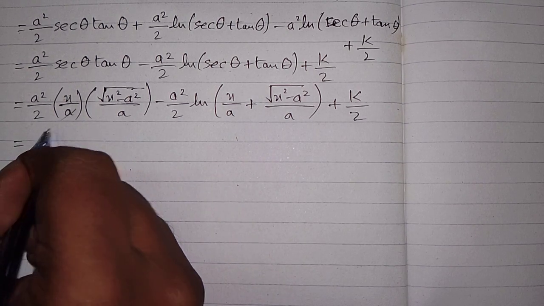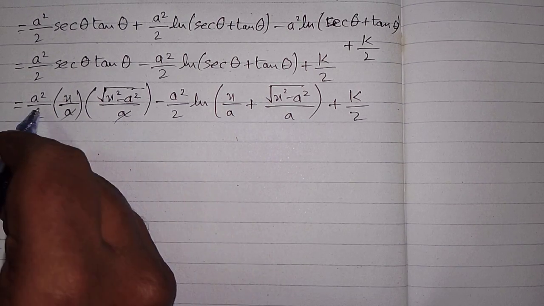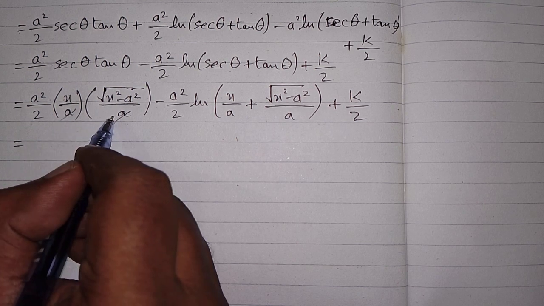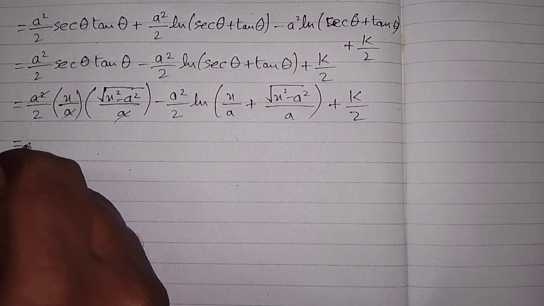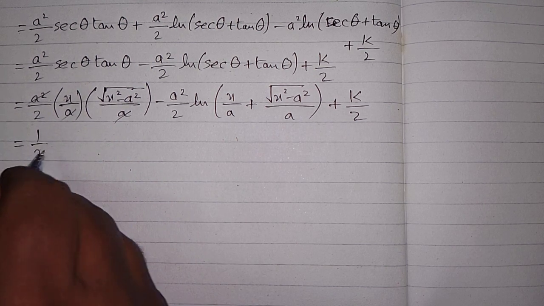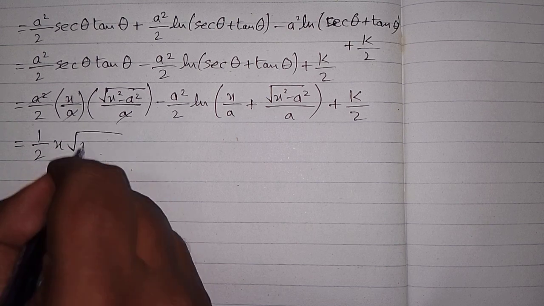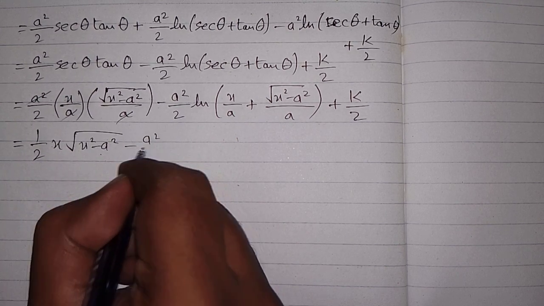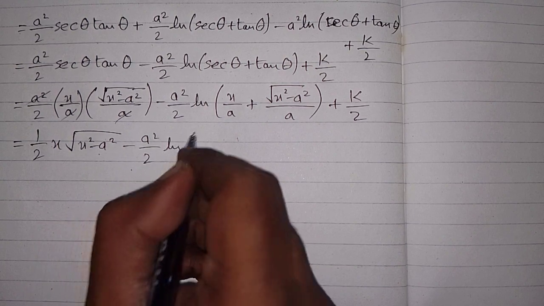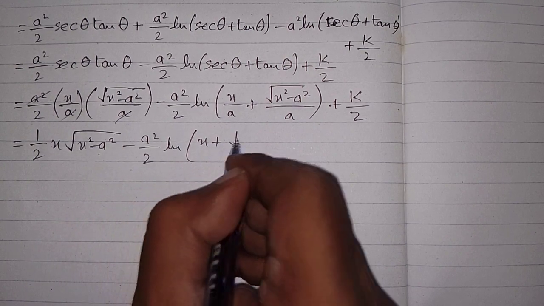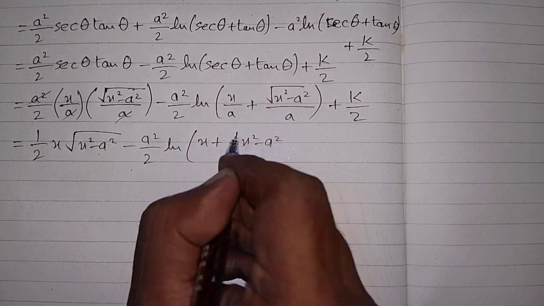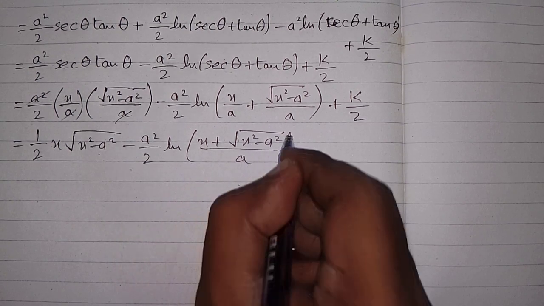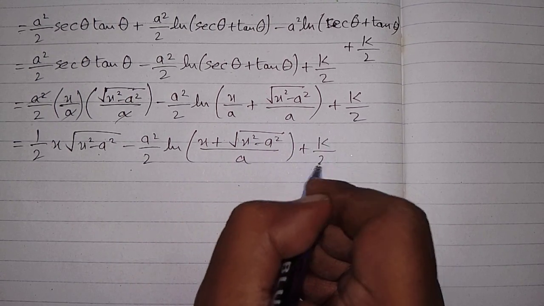Now a multiplied by a square, and a square can be cancelled. So we have half x square root of x square minus a square minus a square upon 2 ln of x plus square root of x square minus a square upon a plus k upon 2.